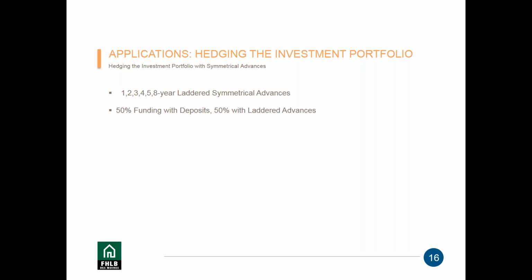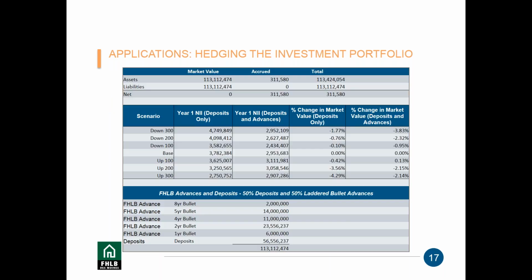Again, the outputs are blended versus deposits-only impacts on net interest income and market value under different interest rate shifts. So in this example, we're going to model a 50-50 deposit and a 1, 2, 3, 4, 5, 8 year symmetrical ladder on an investment portfolio that's just a little bit north of $100 million. And let's see what we get.